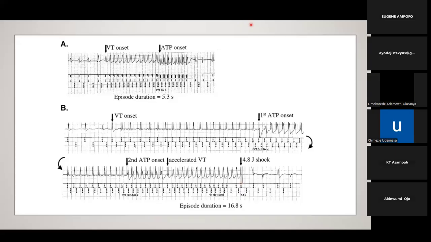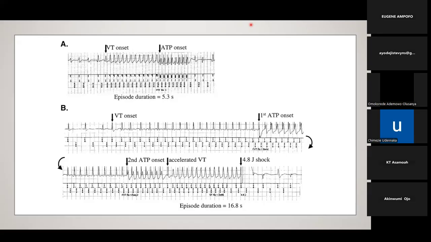For electrical storm, it's the occurrence of more than 3 VTs in a given 24-hour period, and it's usually life-threatening. You would first want to rule out the potential causes, so you look for ischemia and electrolyte imbalances, and then you would want to give antiarrhythmic therapy.